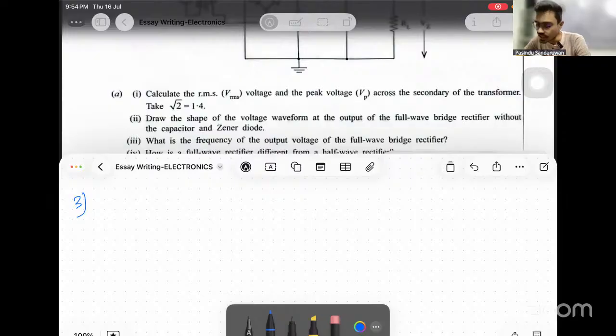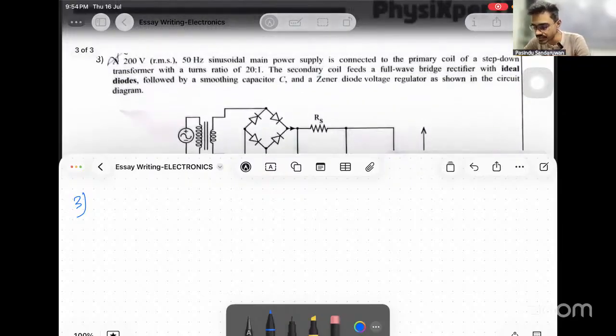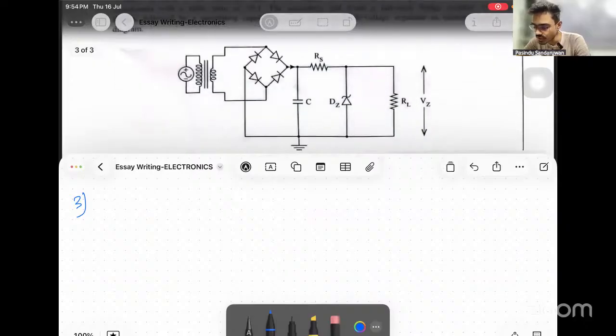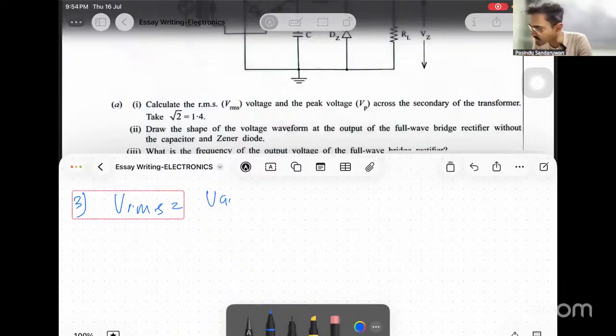Okay, RMS is asked. What is given here? 200 volts, that is also RMS. We know VRMS equals Vmax over root 2, where Vmax means VP, the maximum or peak value.